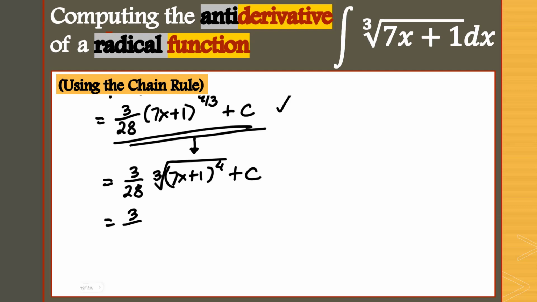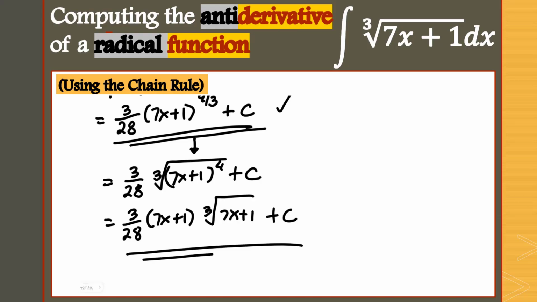So you will have here 3 over 28, 7x plus 1 times cube root of 7x plus 1, where when returning to that, it's 3 plus 1 here. That's why you have the original 4, right? Then this is the time you will have plus c. This is also equivalent to this form, and both of them are acceptable.